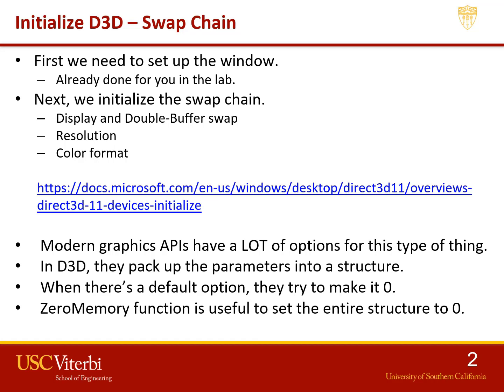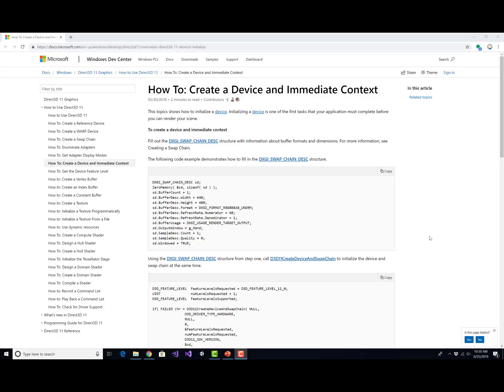Okay, let's take a look now at this link here that I've already looked up. This is straight from Microsoft, how to initialize a DirectX 11 device. Here we are, just Google for how to create a swap chain in DirectX 11, and this is where you'll find something like this. This is Microsoft's page on exactly how to do it.